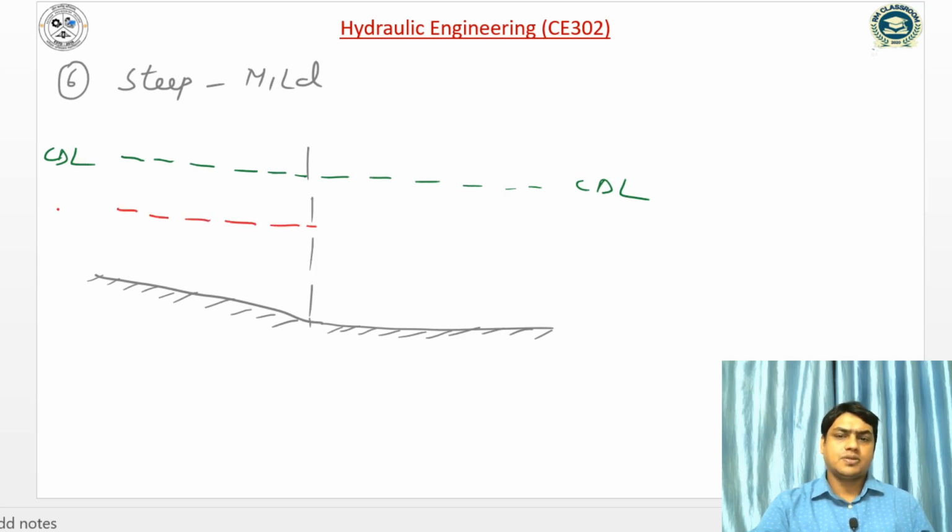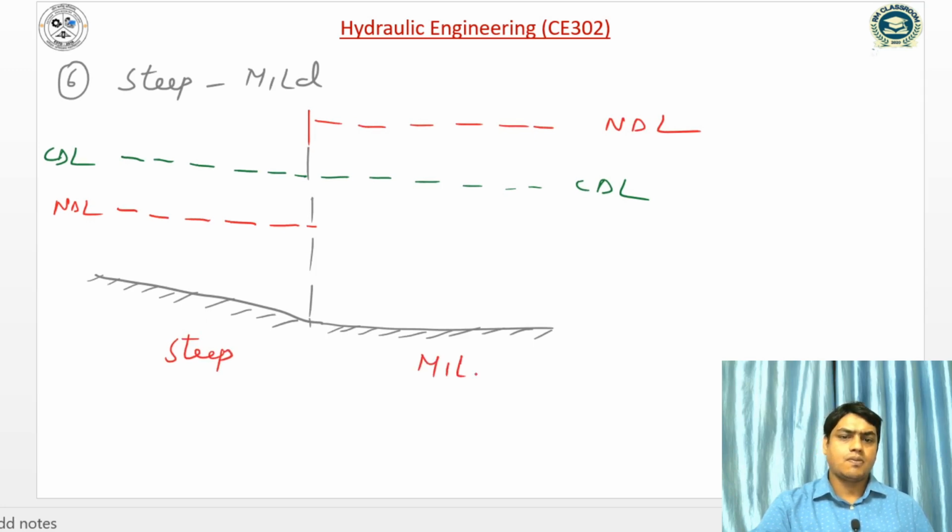So this is the normal depth line, and here this is the normal depth line. So flow always moves from, this is steep and this is mild. So firstly, this region is first, so NDL.